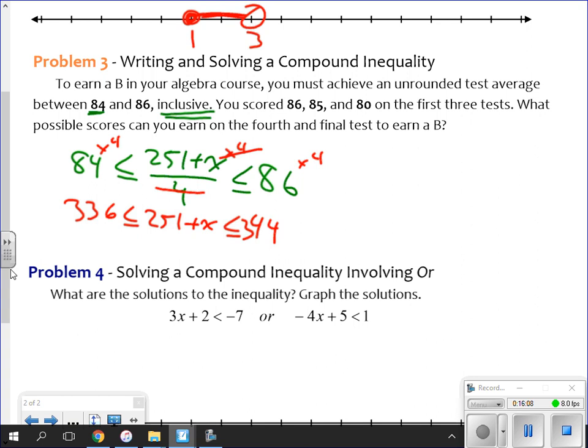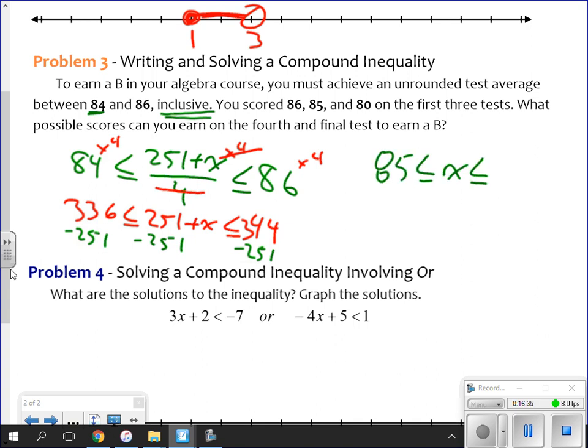Now what's my next step? Subtract 251. Minus 251, minus 251, minus 251. I have to do it in all 3 places. 336 minus 251 is 85, thank you. Let's try to remember from earlier today.